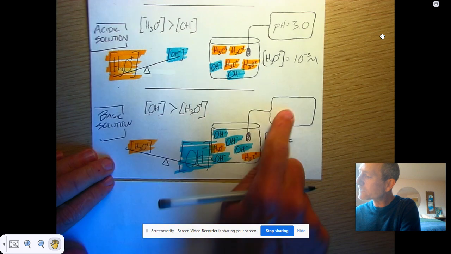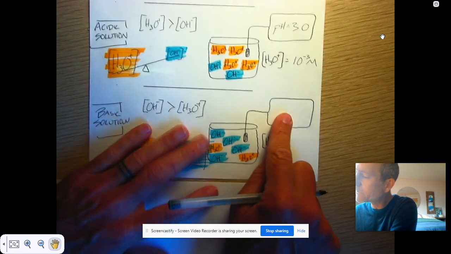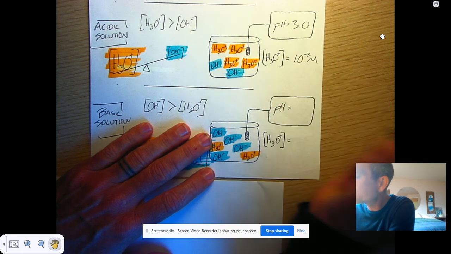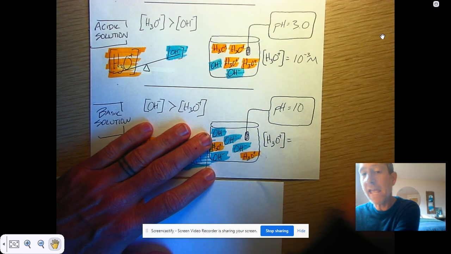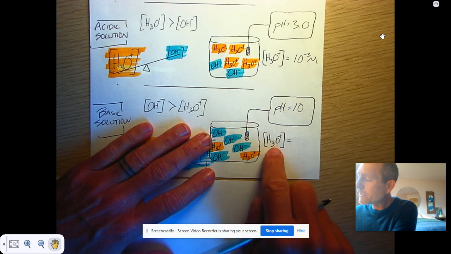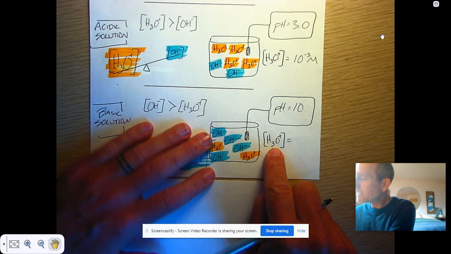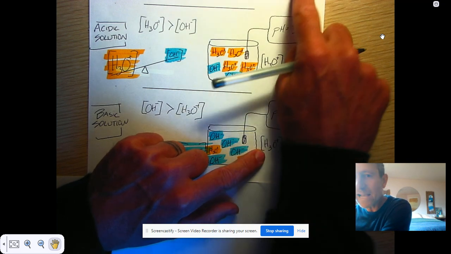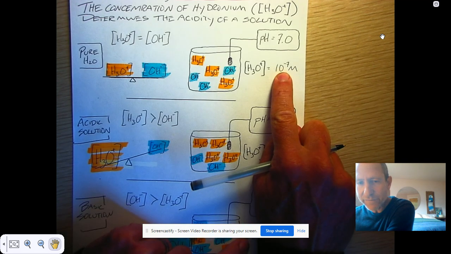So maybe I'll just make up a pH of 10, let's say. Yeah? So if your pH is 10, then your hydronium ion concentration is going to be less than 10 to the negative third. In fact, it's even going to be less than 10 to the negative 7th.